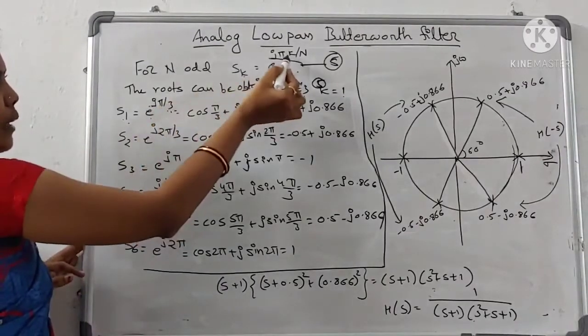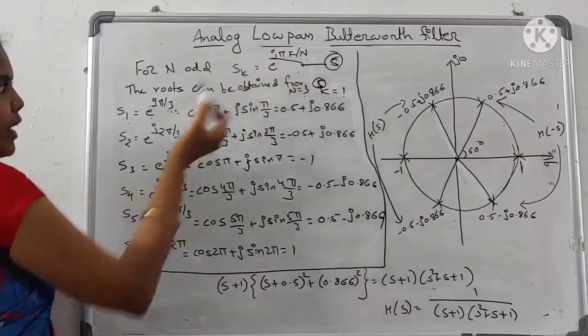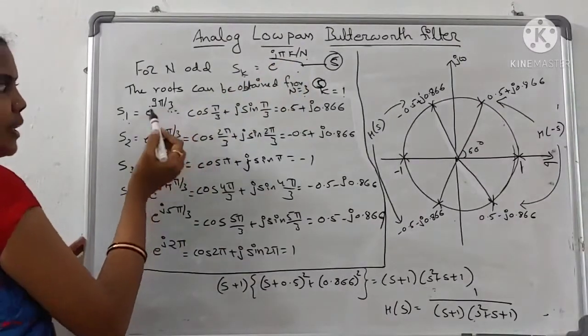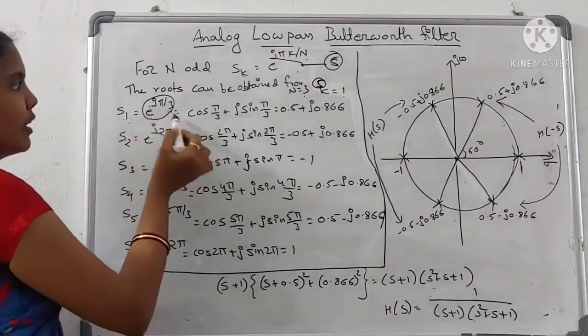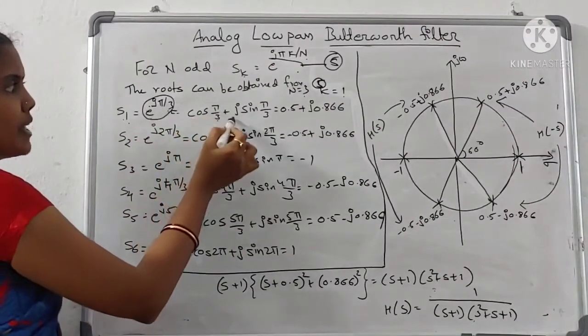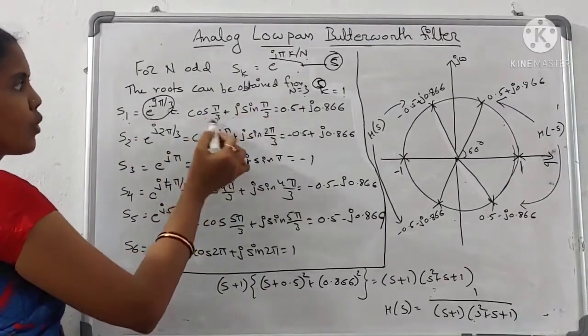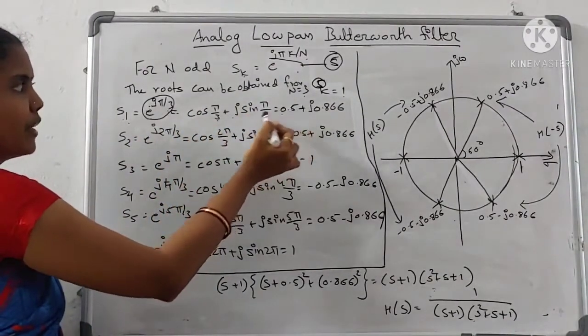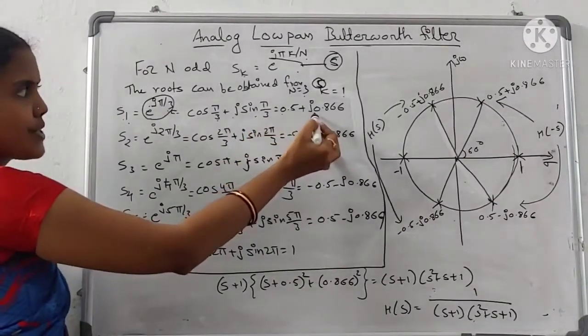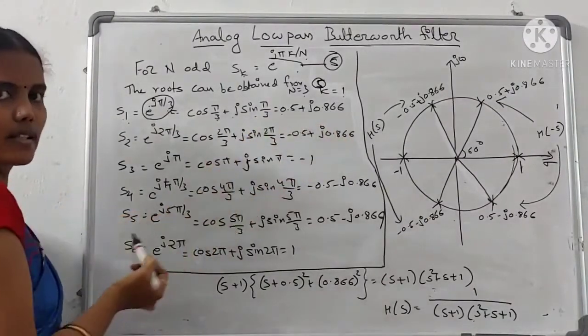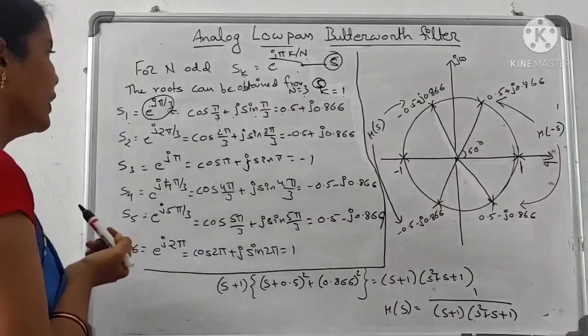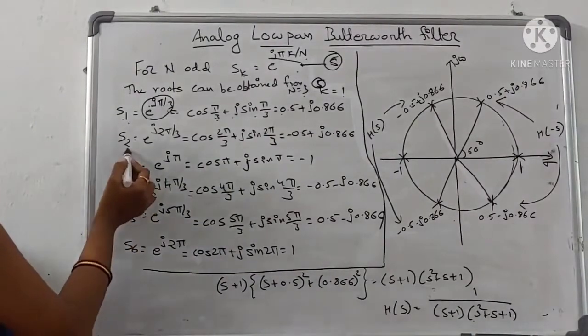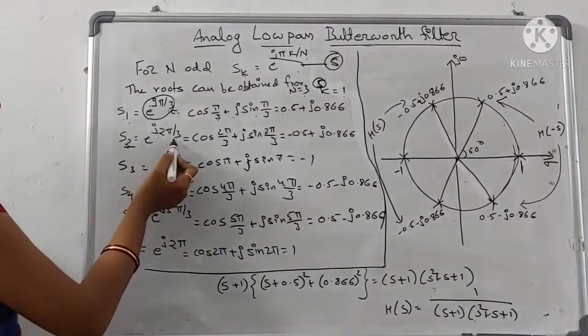That means k value is 1, n value is 3, e power j pi by 3. Now in the form cos pi by 3 plus j sin pi by 3. Here cos pi by 3 value is 0.5 and sin pi by 3 value is j 0.866.